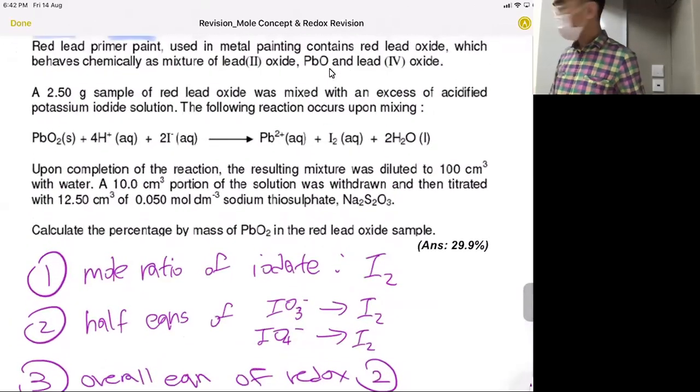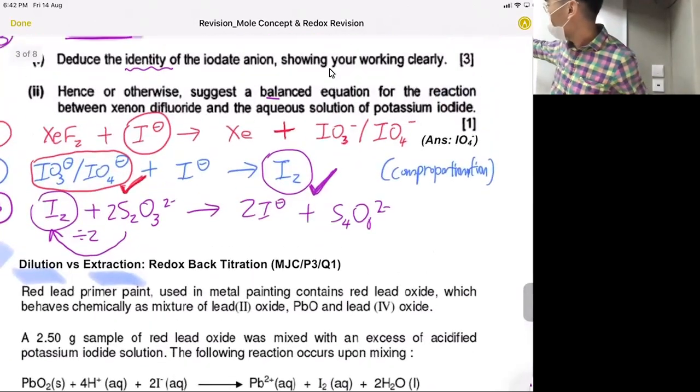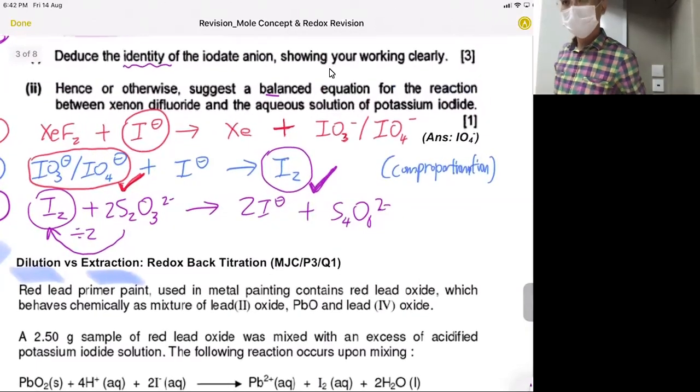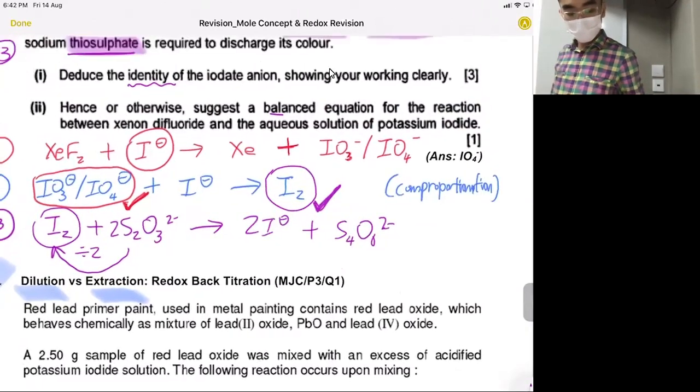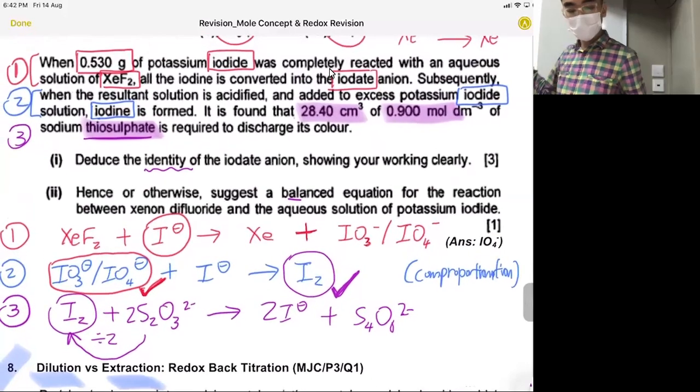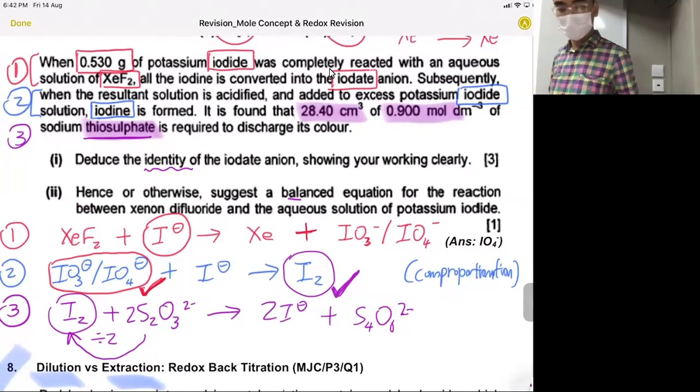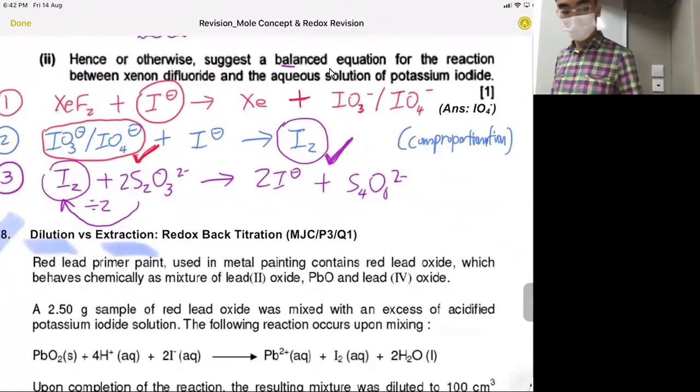Okay, here, you find for me I2 and IO3, IO4. You know the 0.53, use that to find the moles. Two steps only.